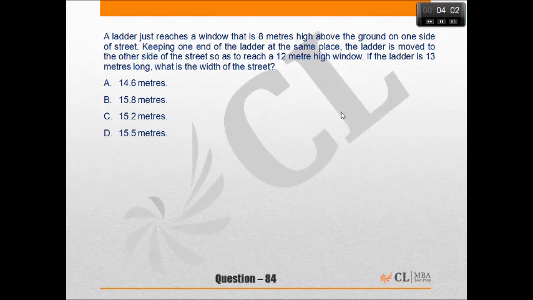Okay, so this is a 12-meter high window. On the other side it reaches only 8 meters, so this is 8 meters.